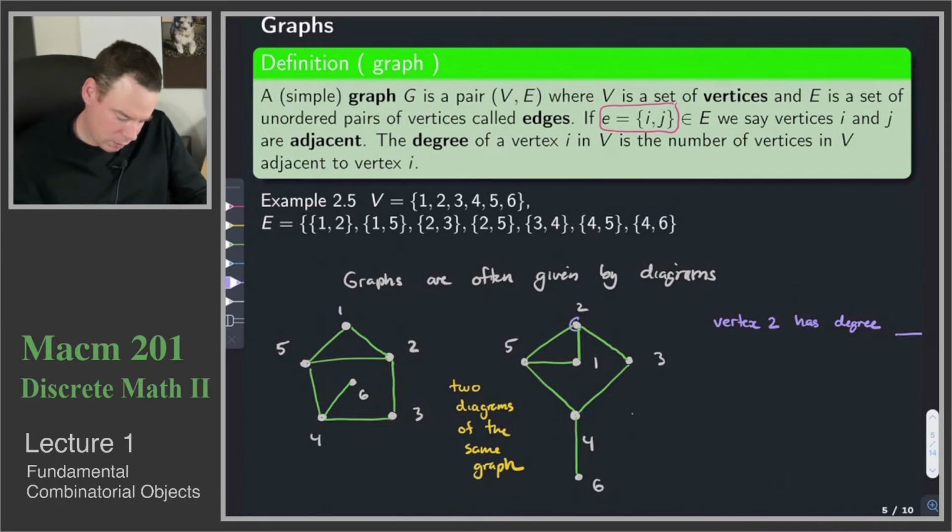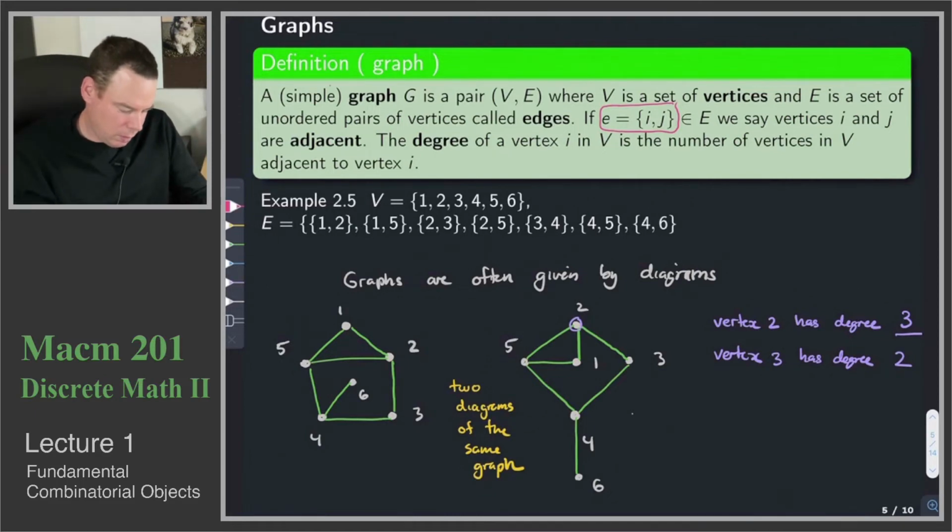So if I look at vertex 2, a vertex is adjacent to it if there's an edge connecting those two vertices. So 2 is adjacent to 5, 1, and 3. So there are 3 vertices adjacent to it, so it has degree 3. What about, let's say, vertex 3? It's adjacent to vertex 2 and 4, so it has degree 2.